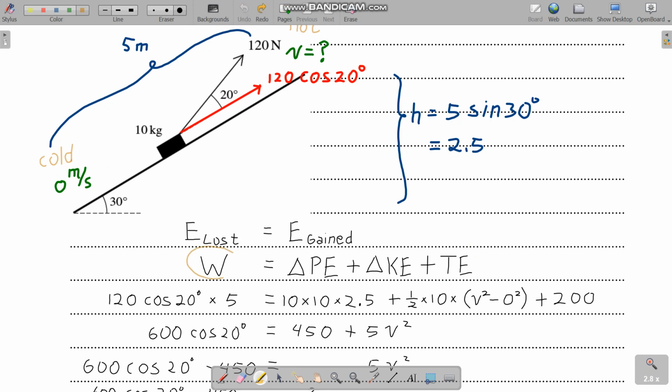For the work done by the rope, we use this component of the rope pulling force times the diagonal distance. For delta PE we use mgh. For delta KE we use 1/2 m delta v squared, and for the thermal energy it's given as 200 joules.